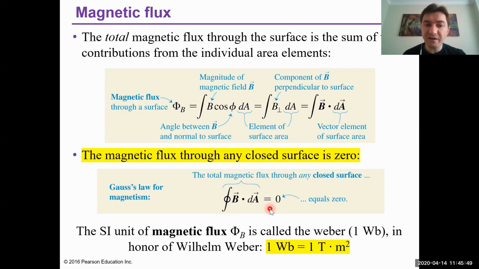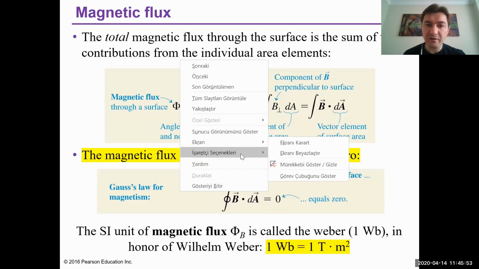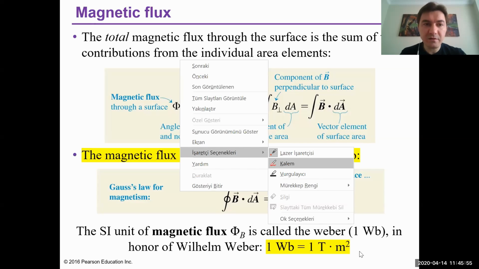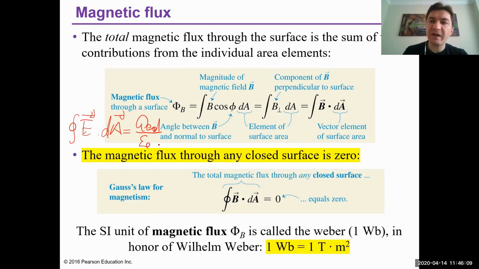So remember the electric flux for the closed surface. Remember that formula. Let me draw it here. Gauss law, you remember? This was equal to Q enclosed over epsilon 0. We have seen this in Gauss law in previous chapters.